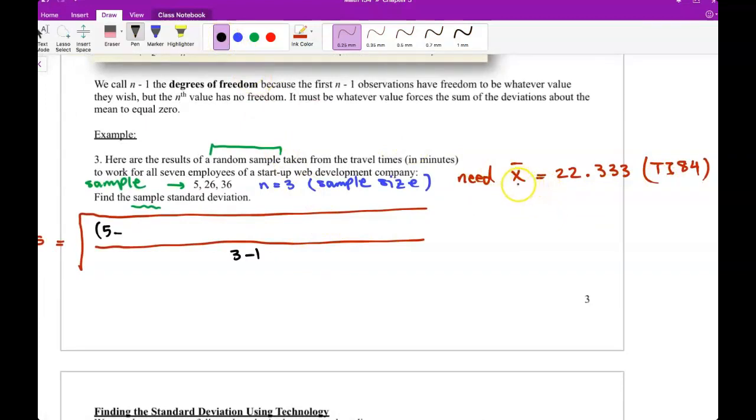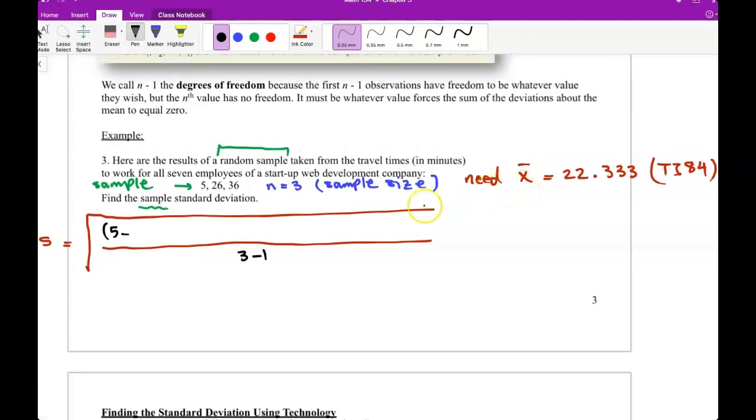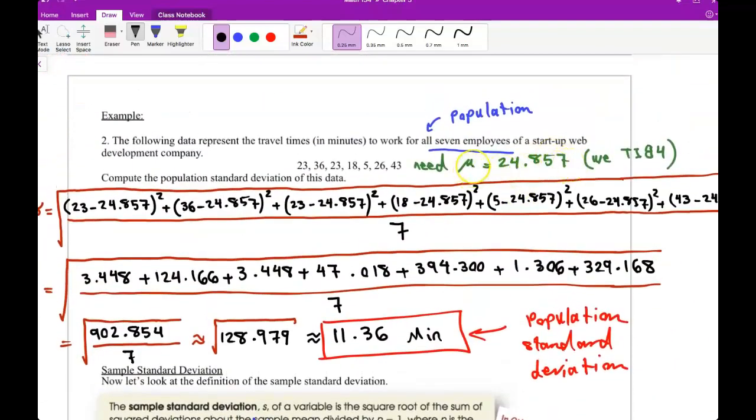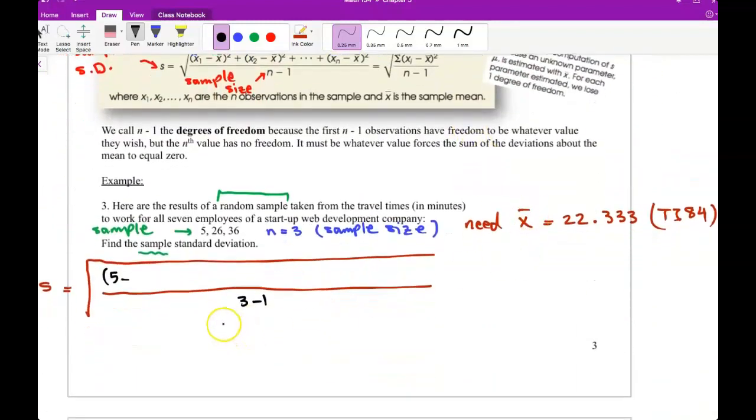Edit, enter data in first column. Again, stat, choose calculate, and the first one, 1-Var Stats, enter, and you're gonna get the answer for X bar. Here, instead of mu that I had on top, which was for population, here is sample, so I'm using X bar.